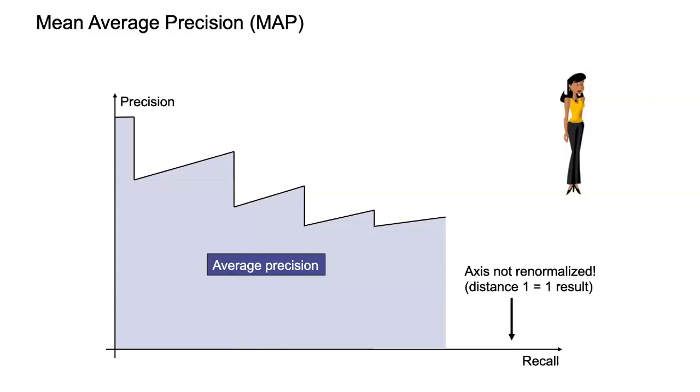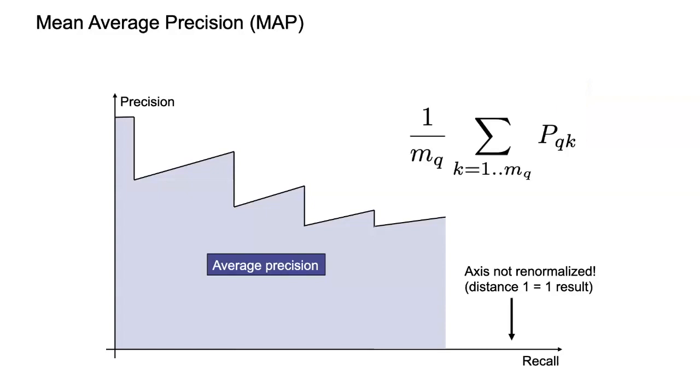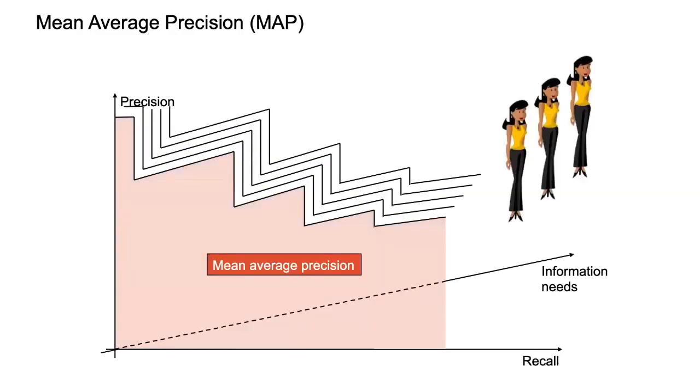But you basically compute the average precision on one query, and then you compute the mean average precision, meaning that not only do you average for one query across the recalls, but you also average over multiple queries and information needs, right?